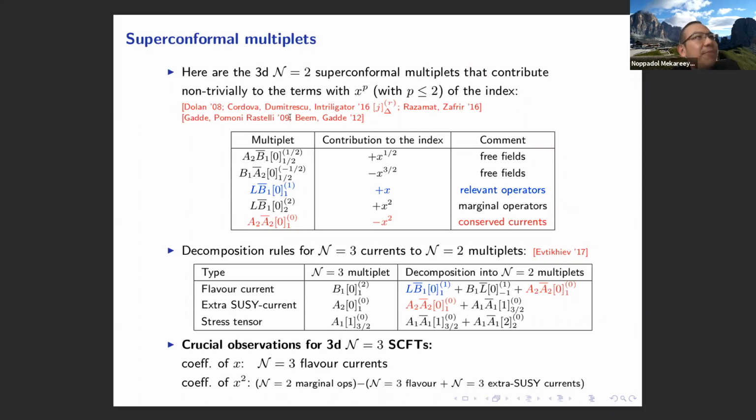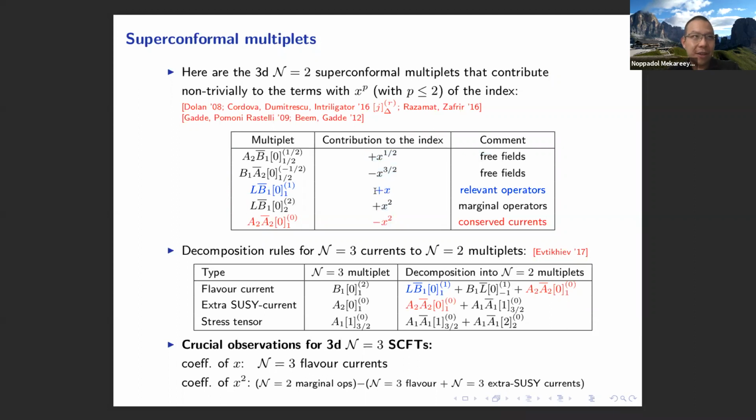This is taken from various papers here. This is the 3D N=2 superconformal multiplet, this is the contribution to the index, and this is the contribution of various multiplets. Okay. Now, let me emphasize there is an important role here for the blue guy, plus X. Suppose that we don't have free fields in the theory.